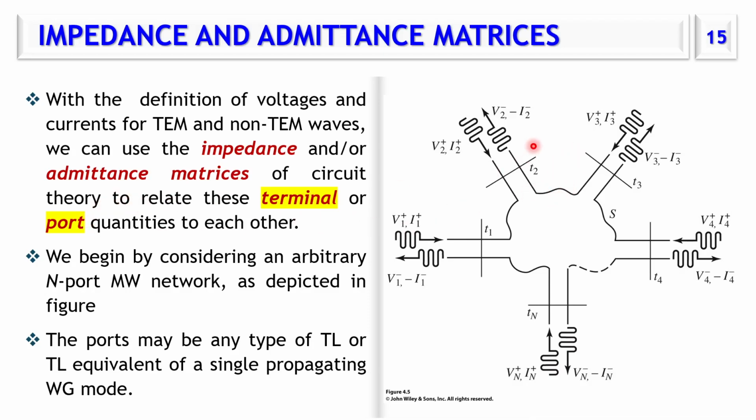So this theory relates to the terminal or port quantities, the voltage and current, real voltage and current like the case of TEM mode, or equivalent voltage and current like the case of non-TEM mode at the terminal. So the terminal is defined here. The ports may be, as I said, transmission lines or transmission line equivalents.